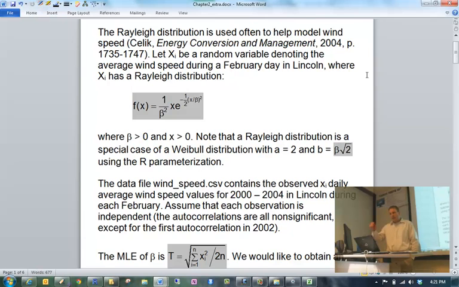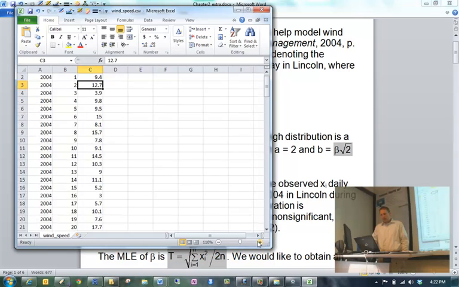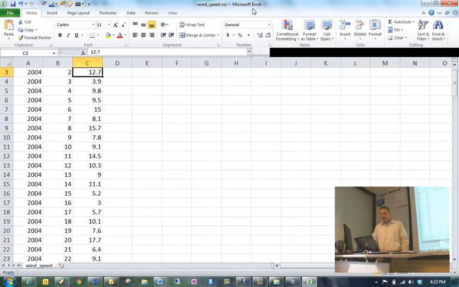And using that as motivation, then, what I did a few years ago was I searched on the internet for some historic wind data for Lincoln. And I focused just on Februarys. And from 2000 to 2004, these are the average daily wind speeds.